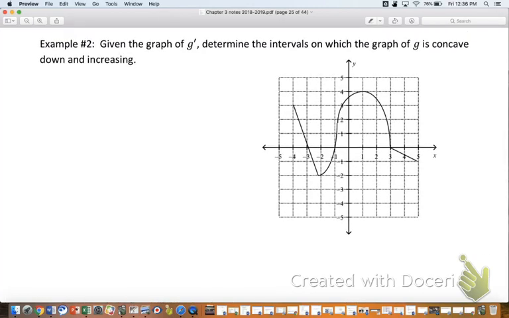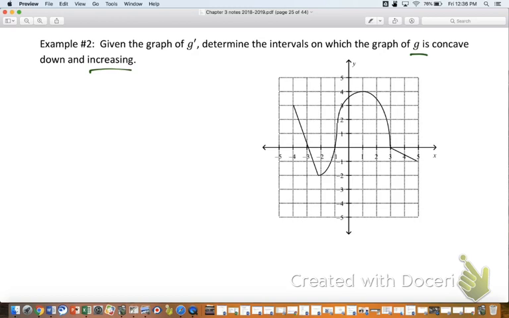Determine the intervals on which the graph of G is concave down and increasing. I think you are a lot more familiar with looking for where G is increasing because we've done that for longer. So why not discuss that first? See if you can finish my sentence. This would give you great direction. G will be increasing wherever G prime is positive. So on the graph of G prime, what's the only part of the graph that I really want to look at?